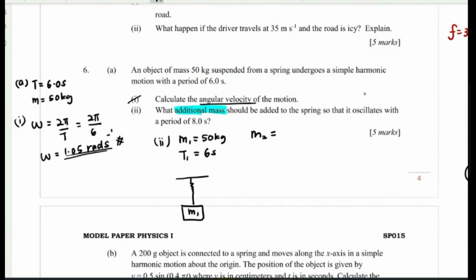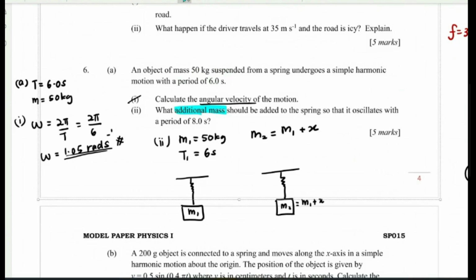But when M2, okay, for the second part, where M1 plus X kg, kita tak tahu berapa ni kita tambah kan pemberat dia. Ni spring yang sama, dia masih spring yang sama, but this is M2. Di mana M2 ni adalah M1 plus X. So soalan minta additional mass, so dia minta ini. Dia minta kita kira X, bukan minta kira M2. Baca what additional mass, berapa lagi jisim tambahan perlu kita tambah supaya spring itu oscillate 8 second.